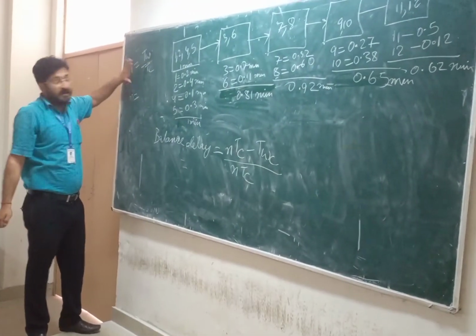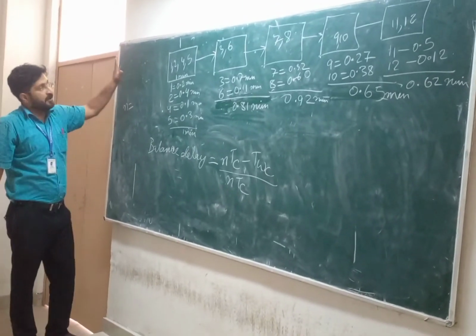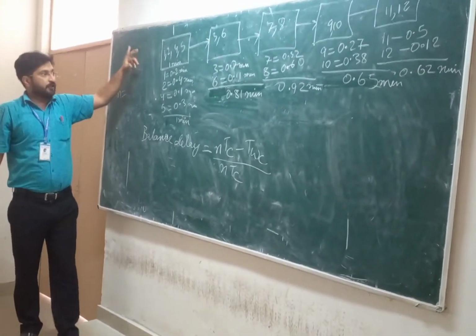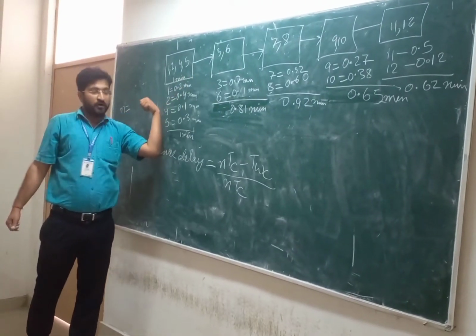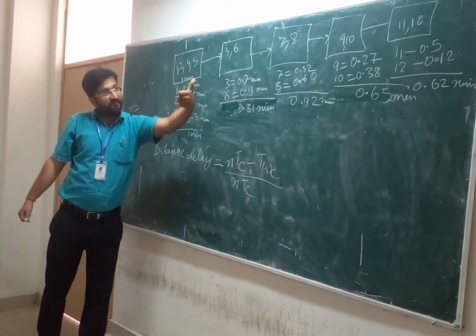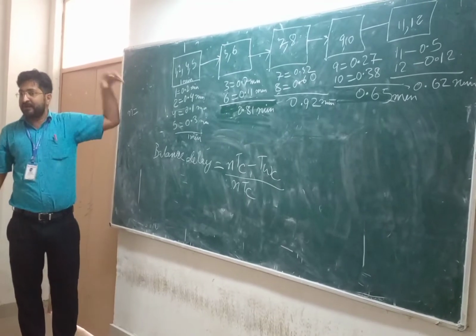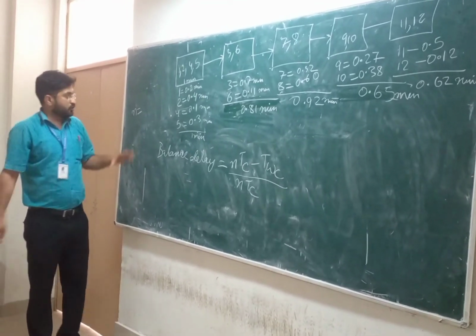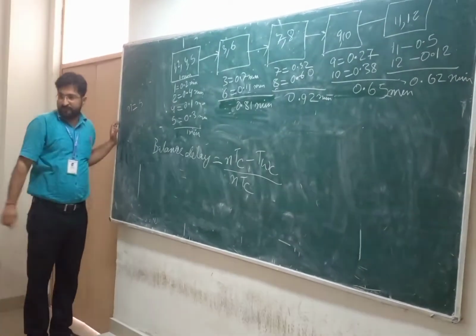This is the minimum number of workstations. But when we put the minimum number of workstations, the two constraints are not fulfilled in 4 workstations. So we increased it by 1 more. So in 5 workstations, the entire work process element has been put up. So here n will be 5.